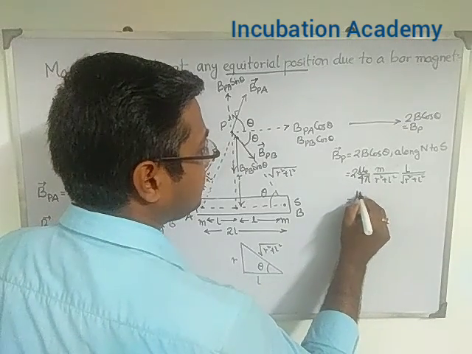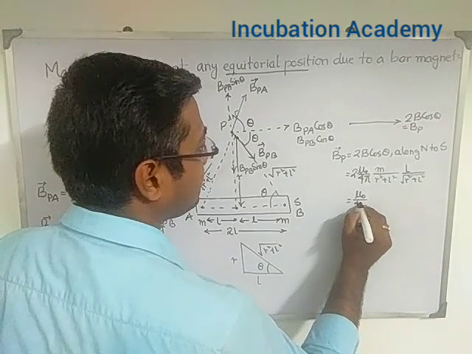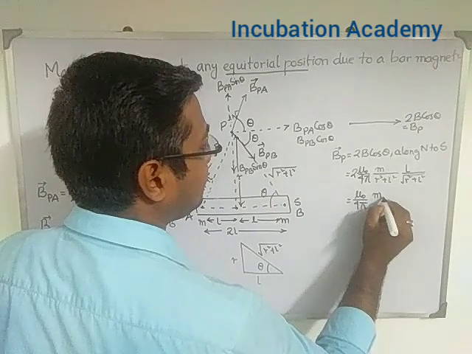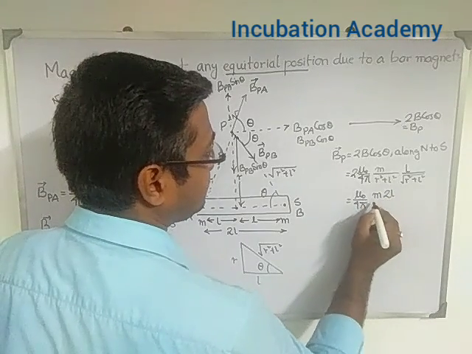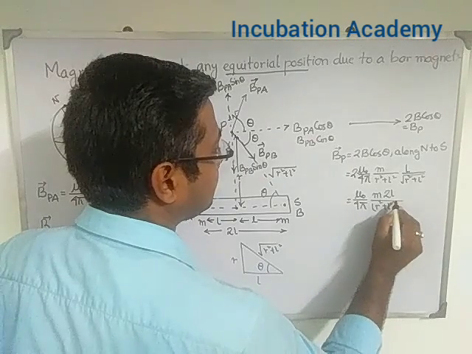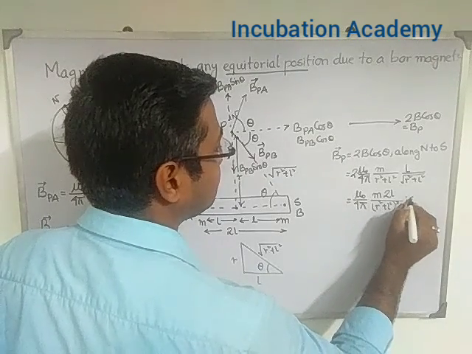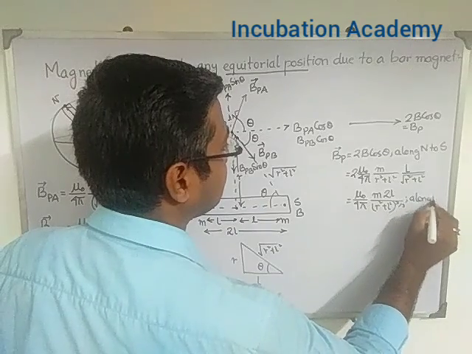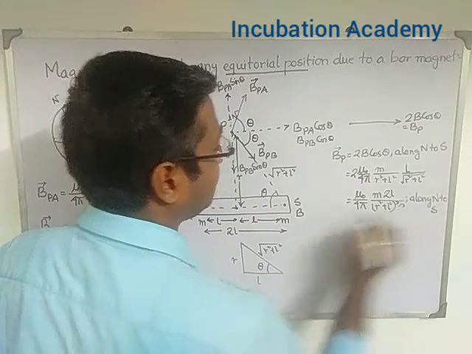So it becomes mu naught divided by 4 pi, m into 2l divided by r square plus l square to the power 3 by 2, along north to south.